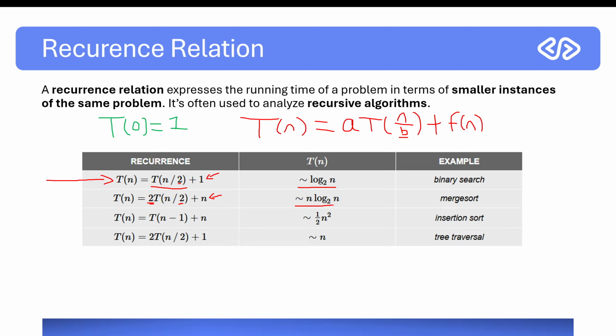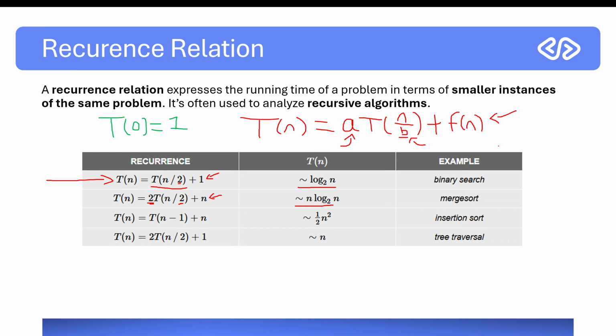That's the very shallow explanation, but what I'm trying to get at is A is how many times you want to do this recurrence, and B is how much you want to split the subproblem into. And then f of n is the cost of the current step.